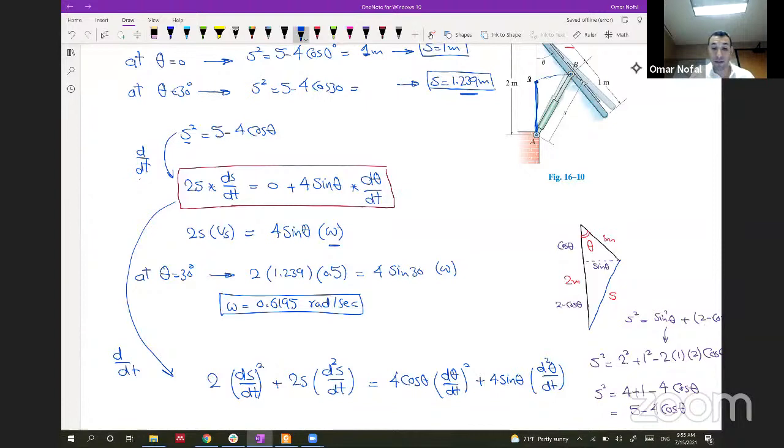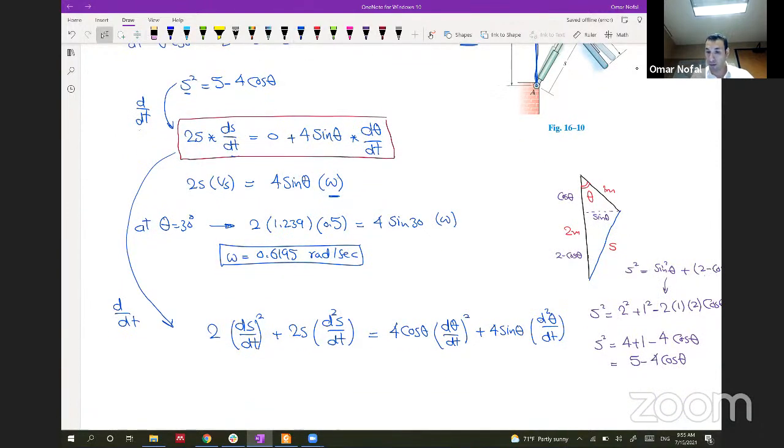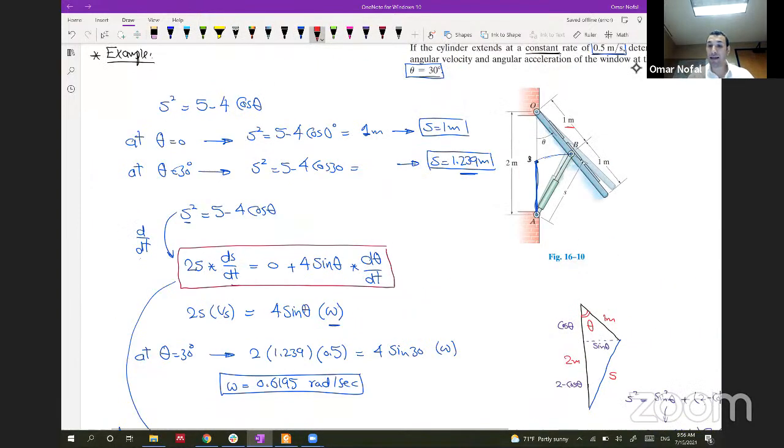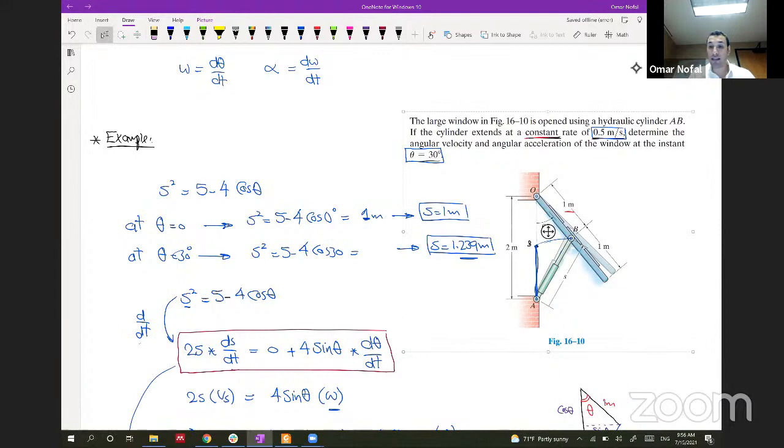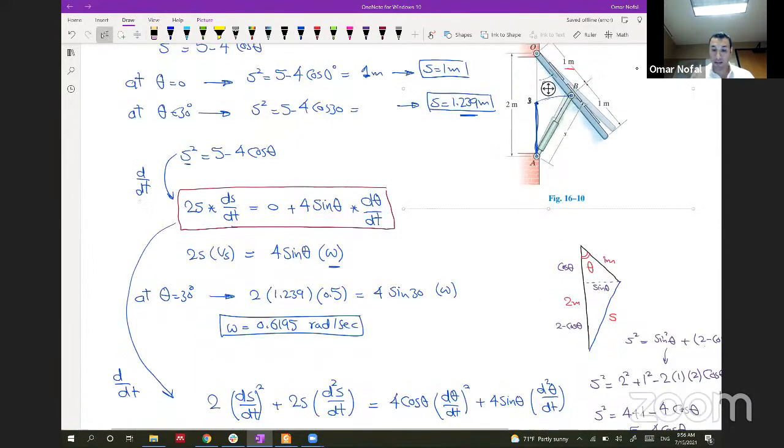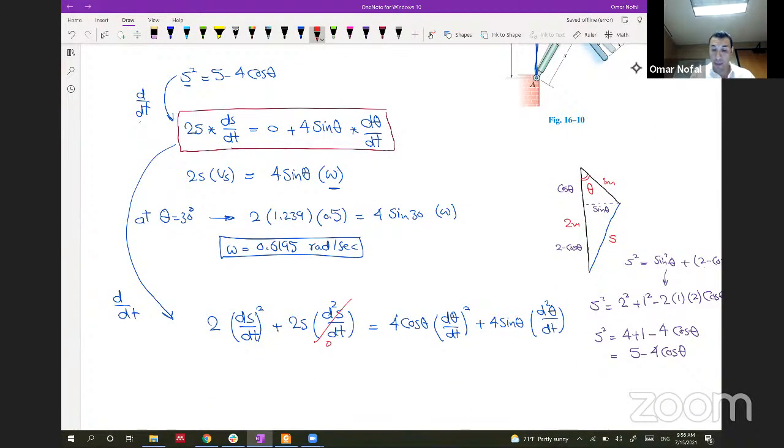So the derivative of the first term multiplied by the second term, and then plus the derivative of the second term multiplied by the first term. So let's see what we have here. We have the second derivative of s, which means the acceleration of the arm, and it's equal to 0. Why? Because here it says it extends with constant rate. That means the acceleration of the arm is 0. So we have this as a 0.